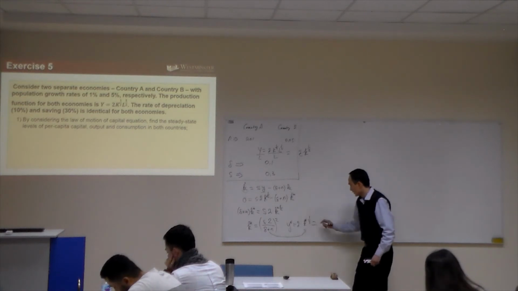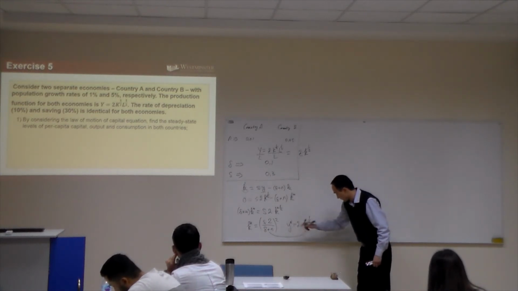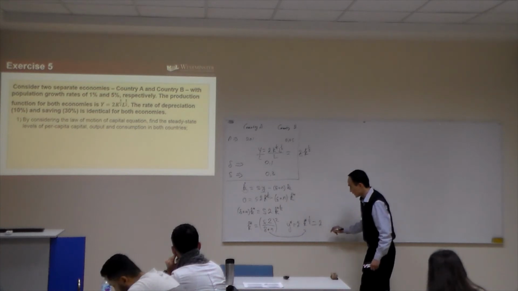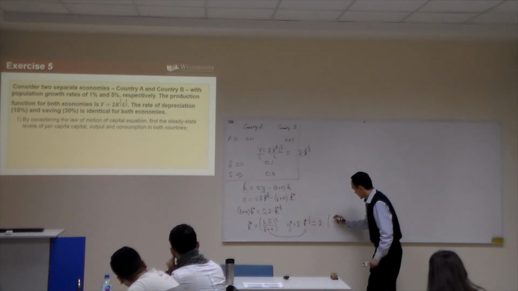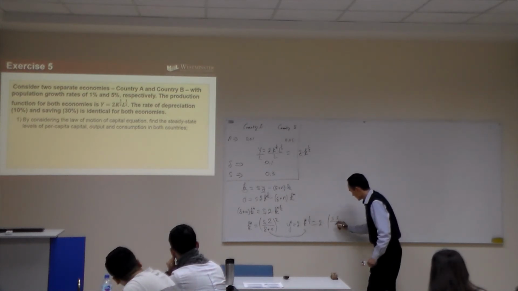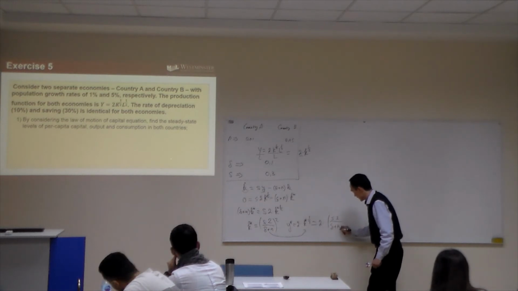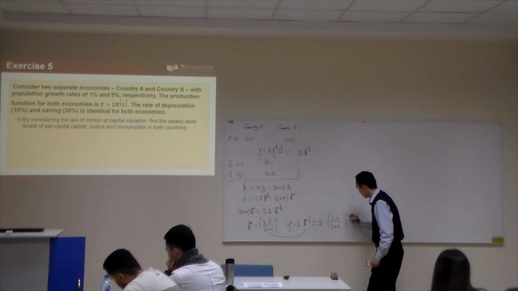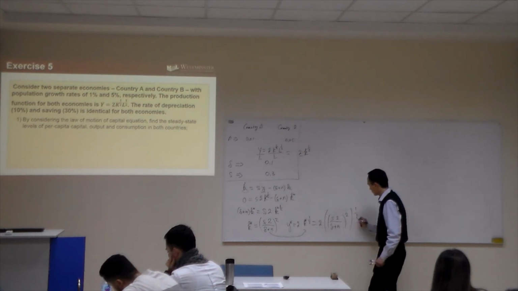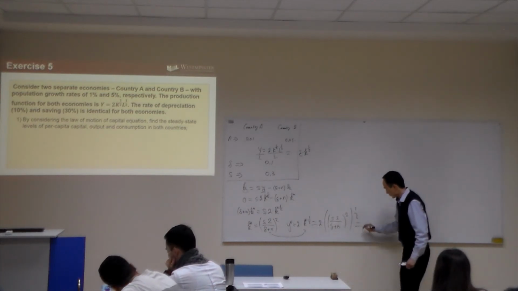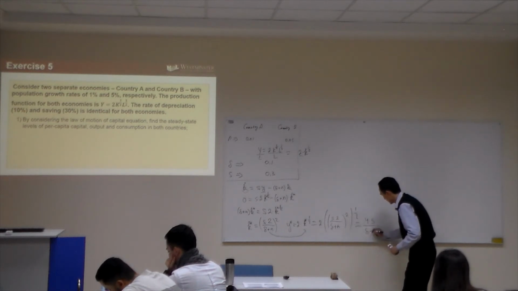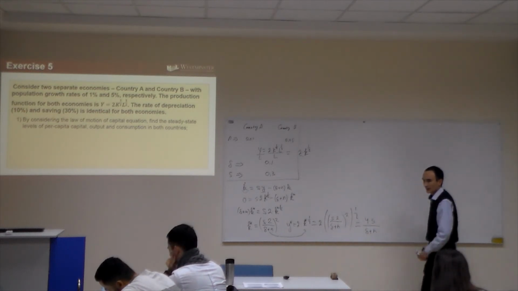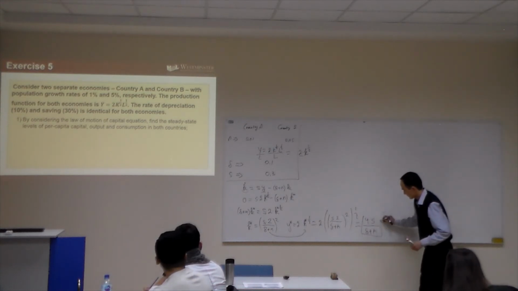Now steady state level of per capita output is equal to technology times saving rate times 2 over depreciation rate plus n in the power of 2, in the power of 1 over 2, which is equal to 4 times saving rate over depreciation rate plus growth in population, right? It's equal to this one.